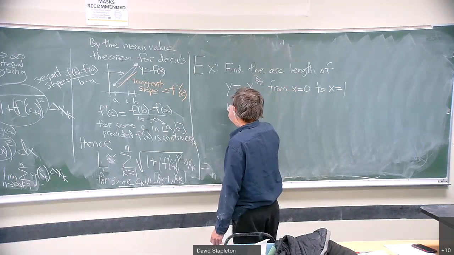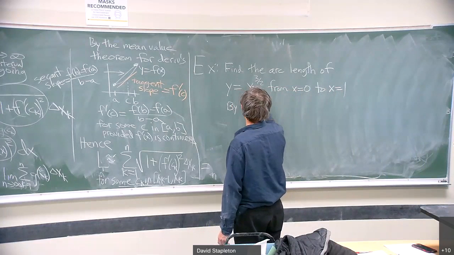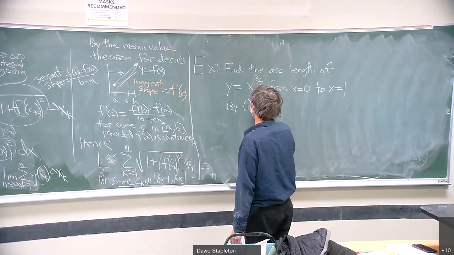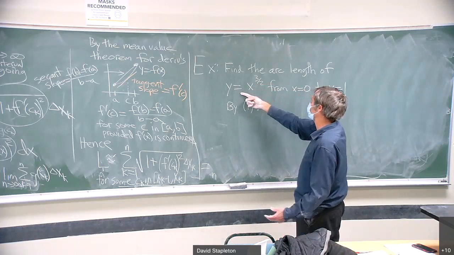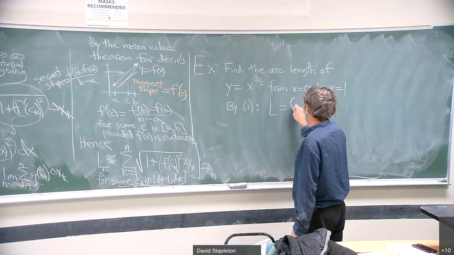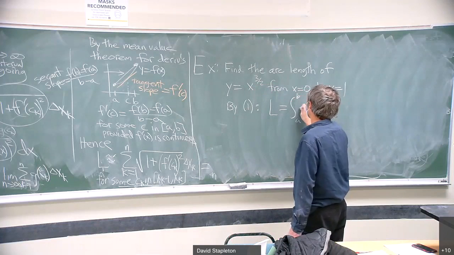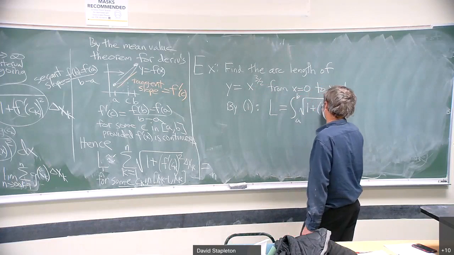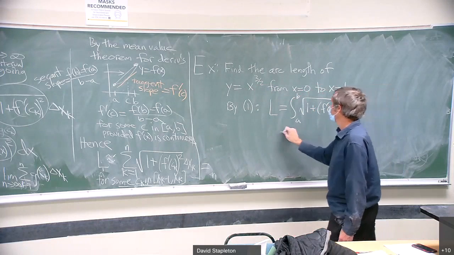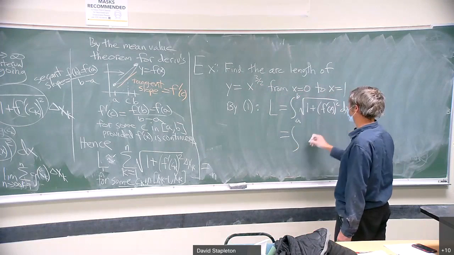So here, since y is given as a function of x, and x going between two numbers, we use formula 1. If y goes between two numbers, and x is given as a function of y, we use formula 2. We'll say the length is just the integral from a to b, square root of 1 plus f prime of x squared dx, which becomes, x goes from 0 to 1.